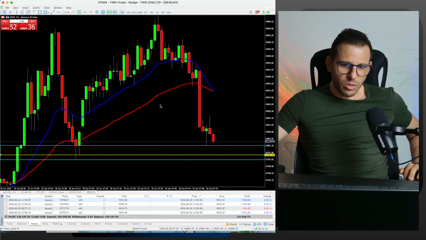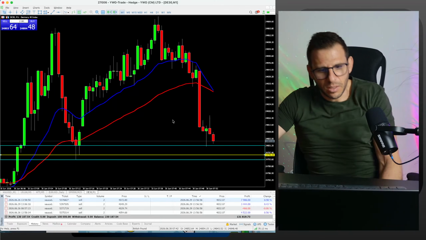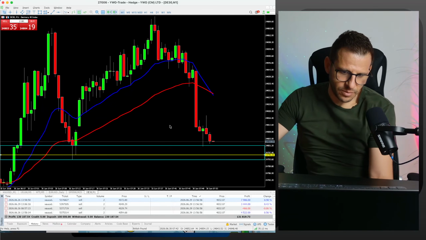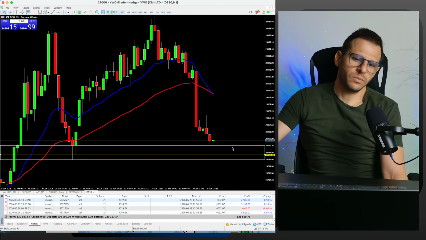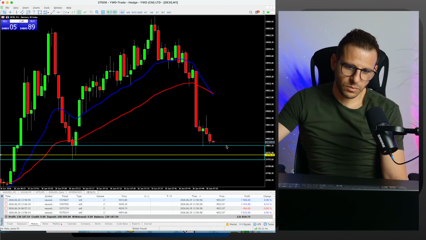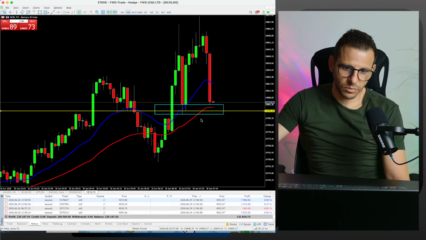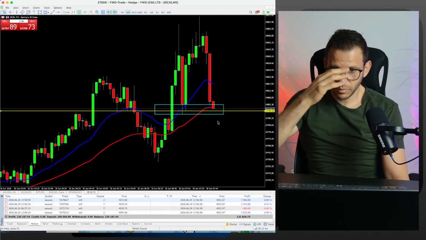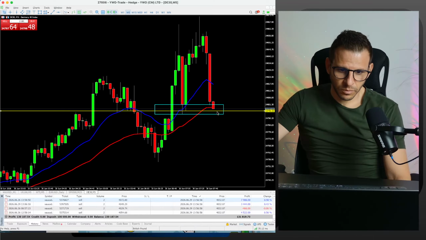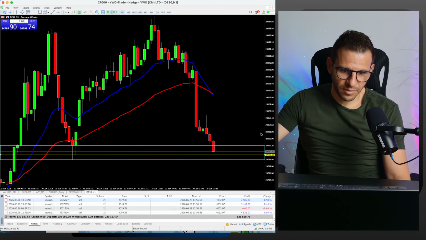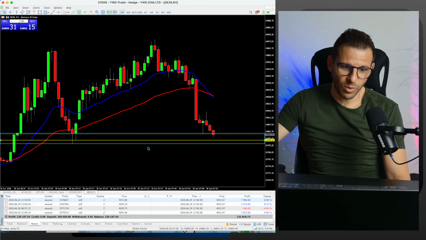It has strong momentum to the downside on the DAX here, guys. Let's see how it will react here. Either it's going to break through or it's going to get rejected.